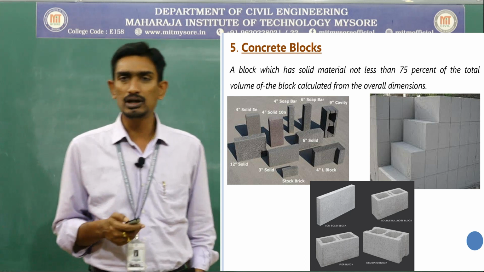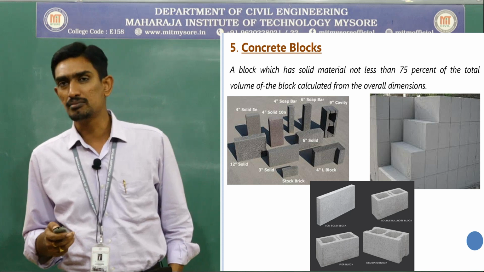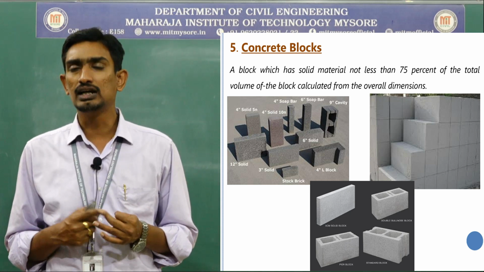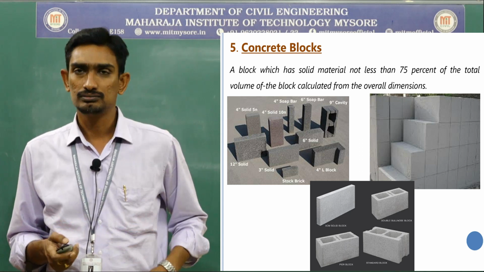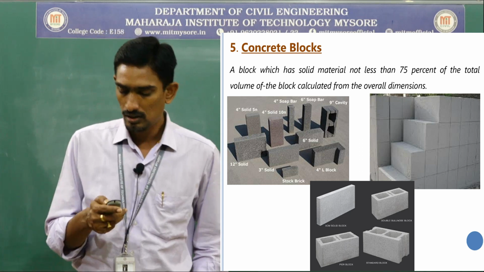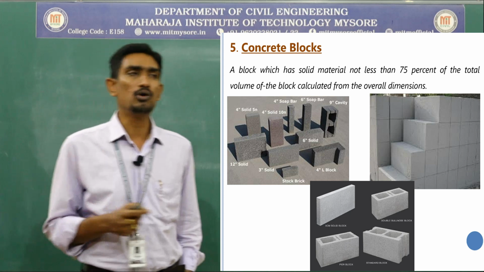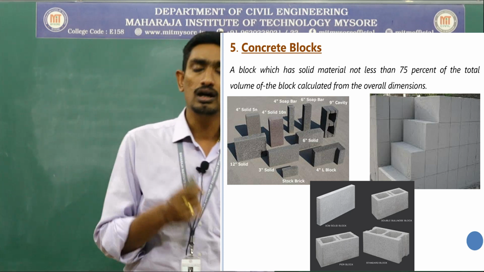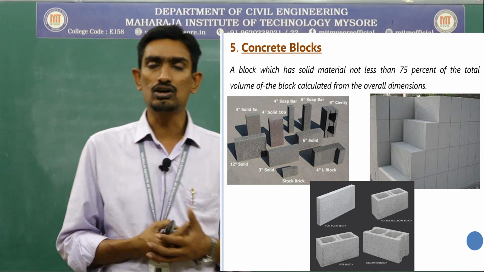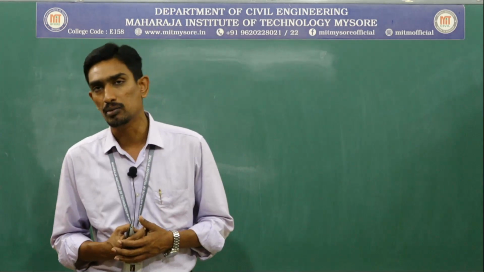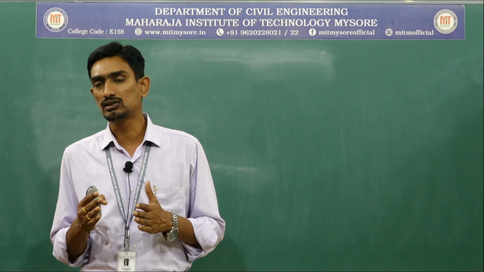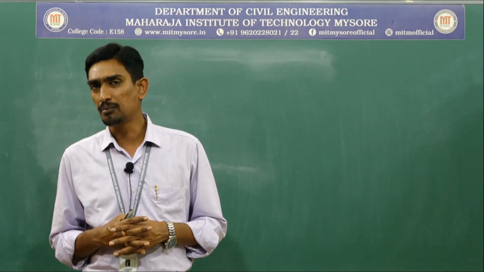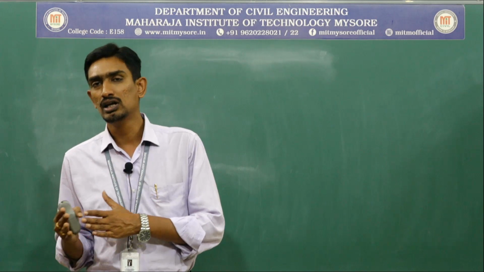I have already told you that a concrete block is a mixture of cement, fine aggregate, coarse aggregate, that is jelly, and water. Is it clear? One more thing: in concrete blocks, we can produce both solid concrete blocks and hollow concrete blocks. If the hollowness is more than 50 to 75%, it will be called a hollow block.